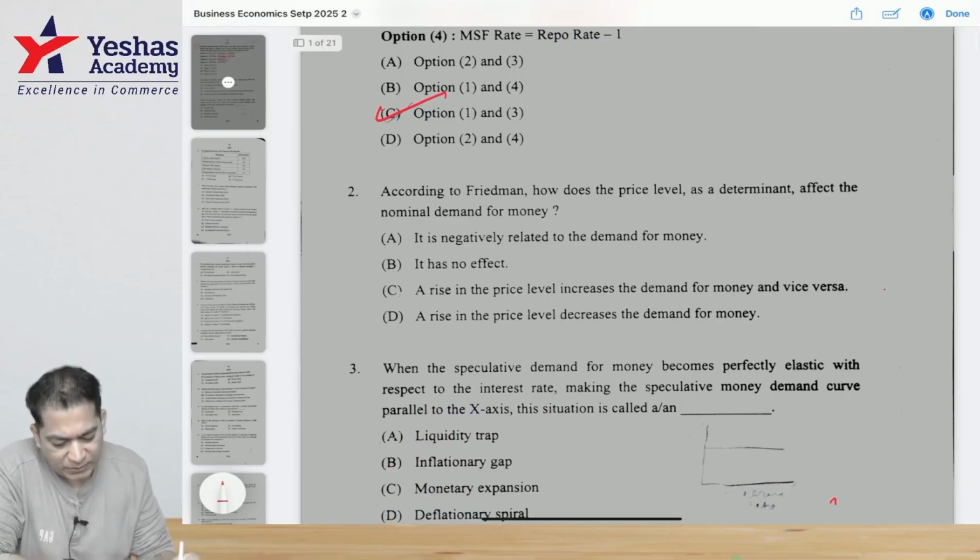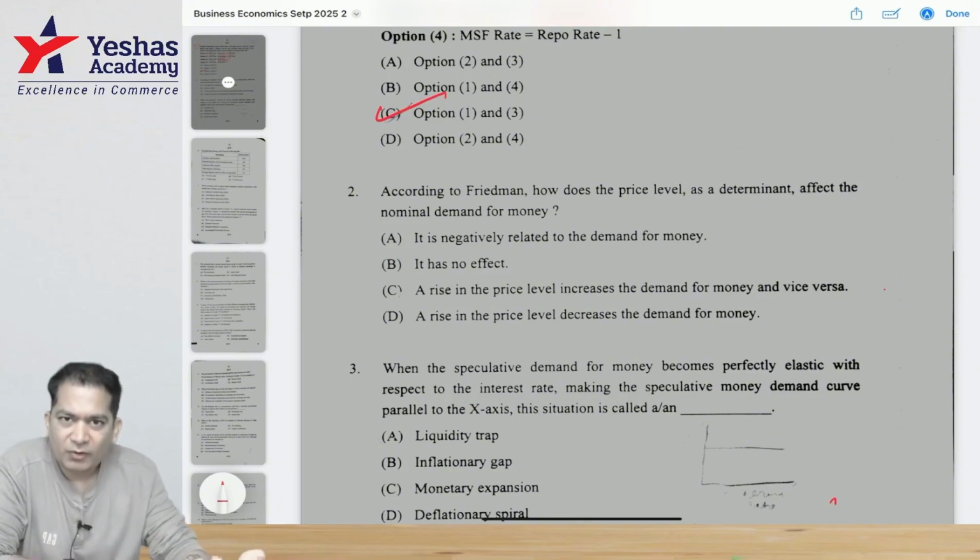According to Friedman, question number two, how does price level as a determinant affect the nominal demand for money? We have already studied that price level. The very first thing that we wrote when we studied about the demand for money, and I mentioned that when the price level increases, then the purchasing power of money falls down. So household and businesses have to hold relatively more sum of money to take care of their current transactions.